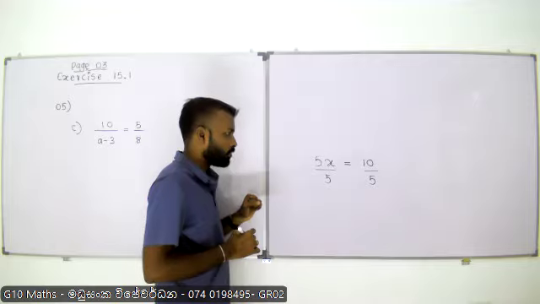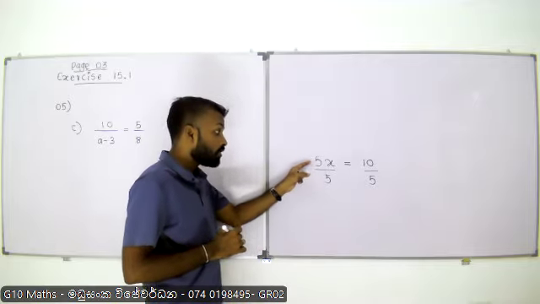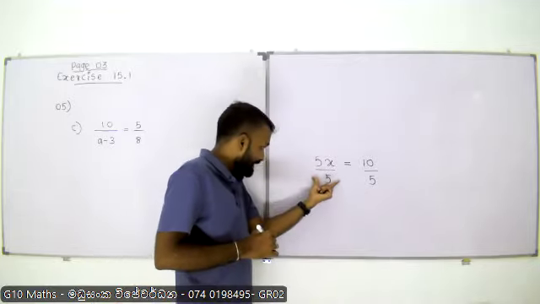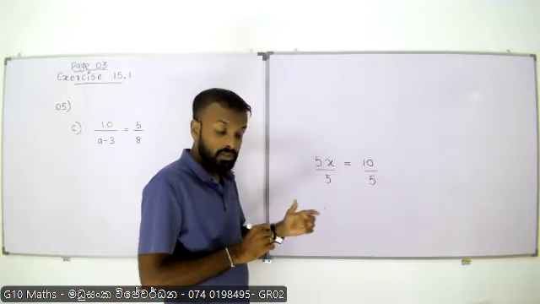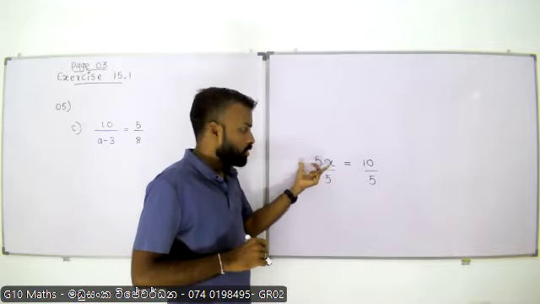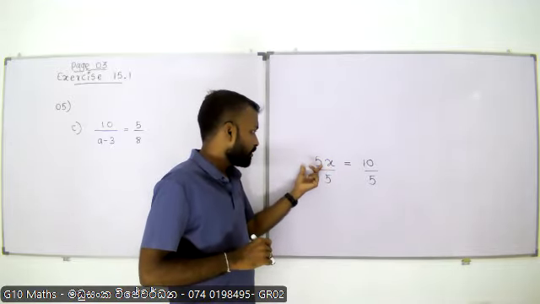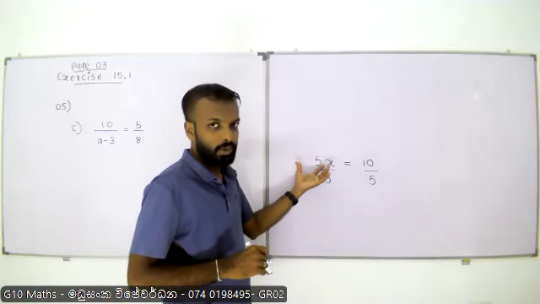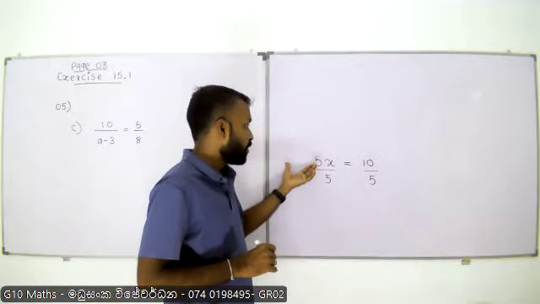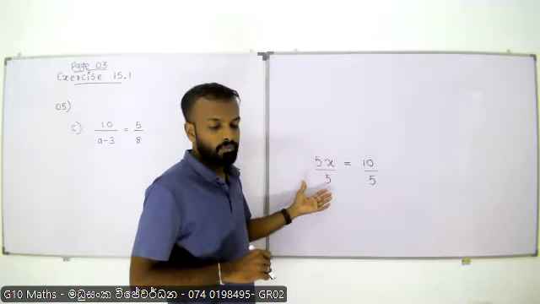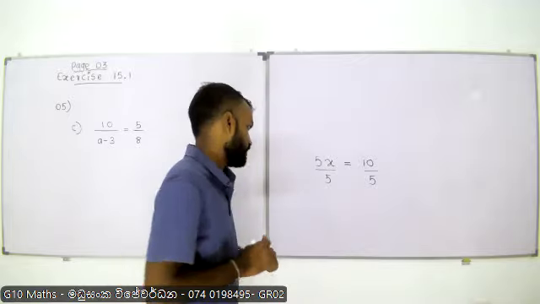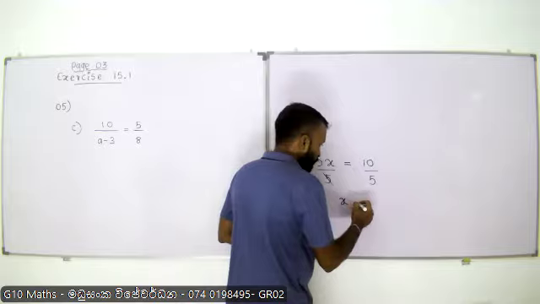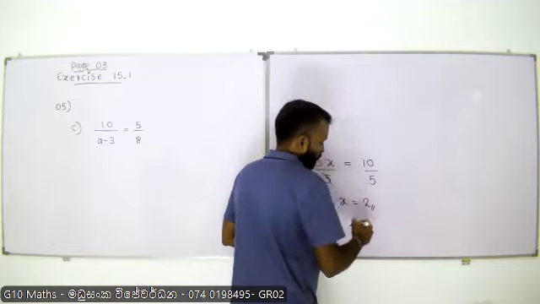You are using the opposite operation to remove 5. Multiplying by 5 is the original operation, and you remove it by dividing both sides by 5. So you will get 5 times 1, x equals 2.